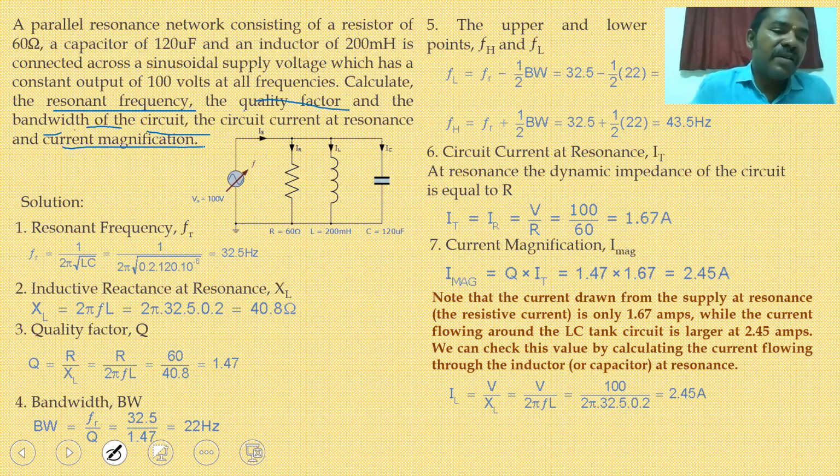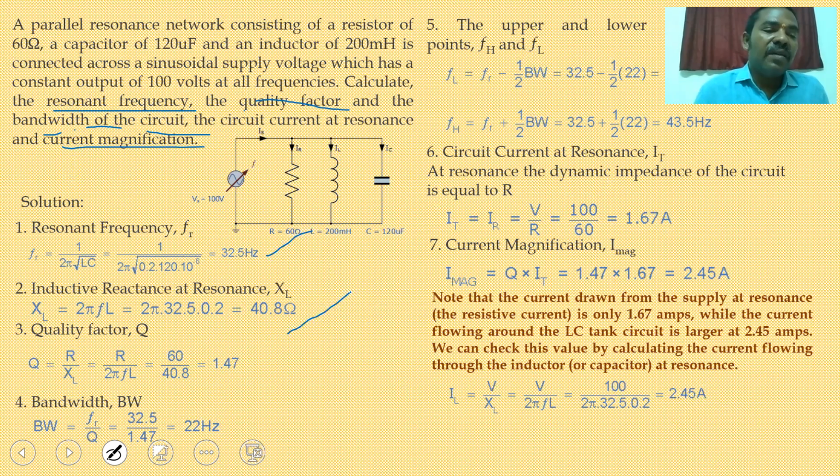So F naught is equal to 1 by 2 pi root LC. So by substituting L is equal to 200 millihenry and C is equal to 120 microfarads, you can get 32.5 hertz. Then XL is equal to 2 pi F into L or L omega. So by substituting those values, we are getting 40.8.